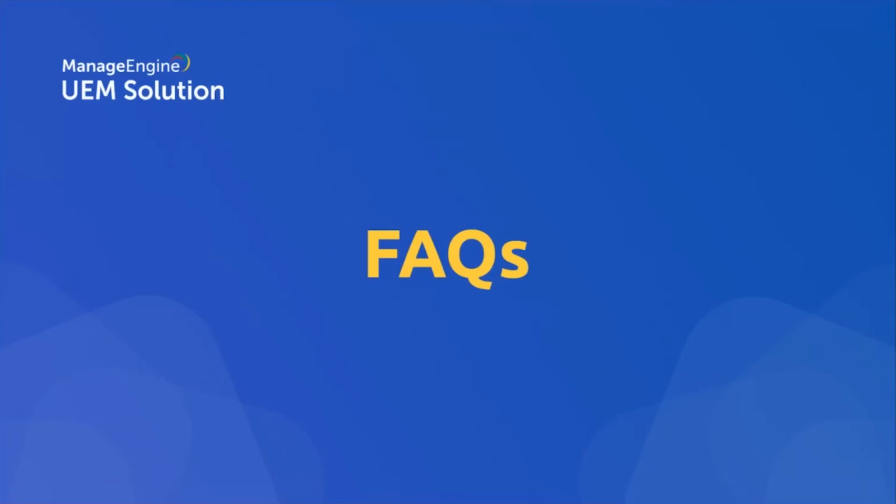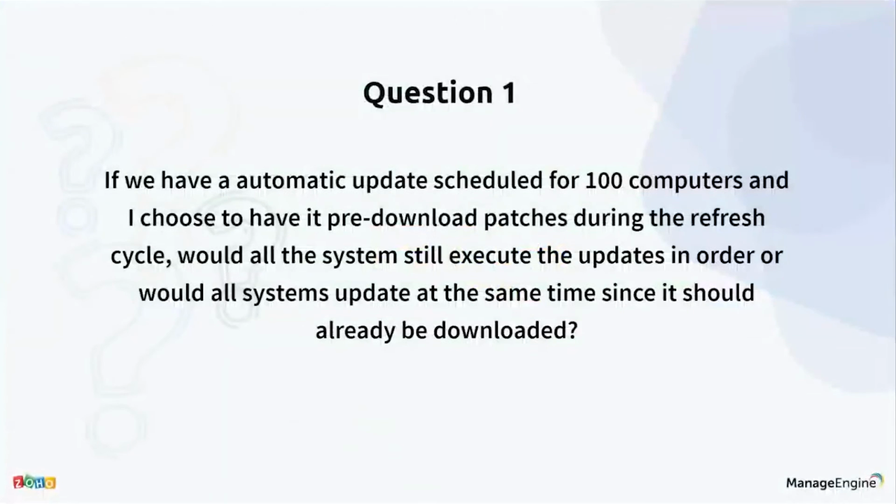We have collated some of the FAQs and we are going to discuss them. If we have an automatic update scheduled for 100 computers and I choose to have it pre-download patches during the refresh cycle, would all the systems still execute the updates in order, or would all systems update at the same time since it should be already downloaded?